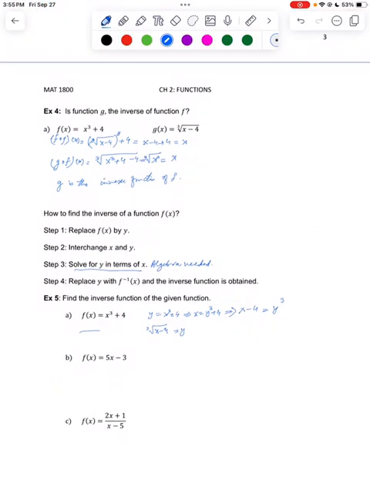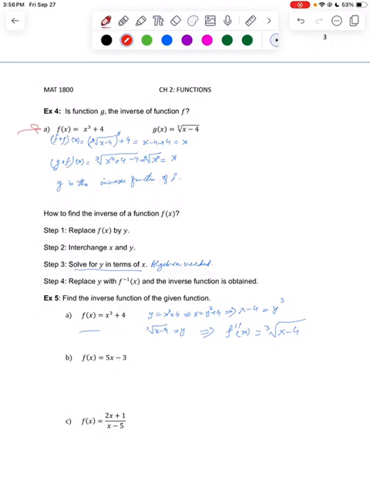So this gives me f inverse of x equals the cube root of x minus 4. And if you go to the previous example up there, see, these are the same function that we have there.